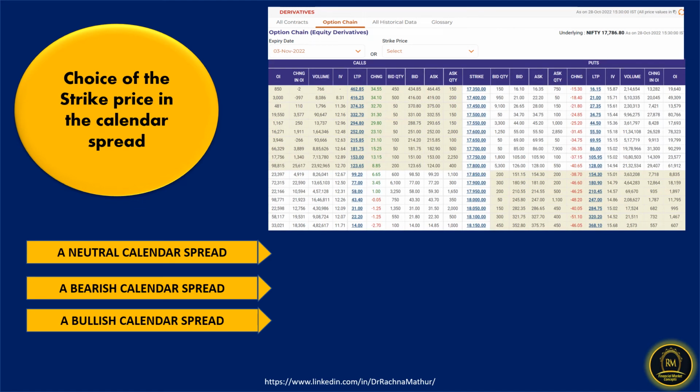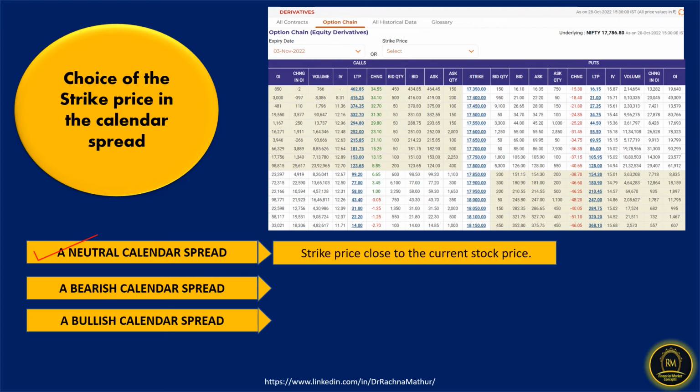If you are trying to create a natural calendar spread, that means you have to choose the strike which is very close to the current stock price of the underlying asset. Here the underlying is Nifty. We see the current stock price, take a strike price very close to it, and create the strategy.